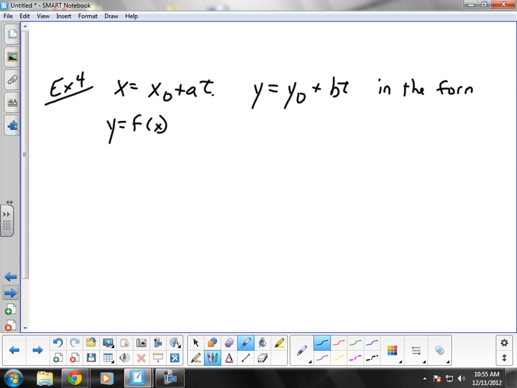And we do have to assume that x sub 0, y sub 0, a and b are all just numbers, and a is not equal to 0, and t is any number between negative and positive infinity.